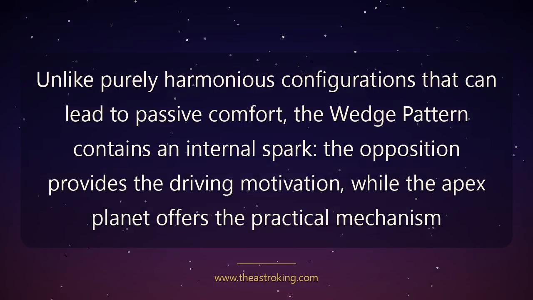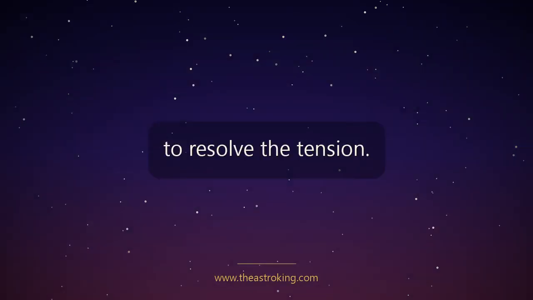Unlike purely harmonious configurations that can lead to passive comfort, the wedge pattern contains an internal spark. The opposition provides the driving motivation, while the apex planet offers the practical mechanism to resolve the tension.